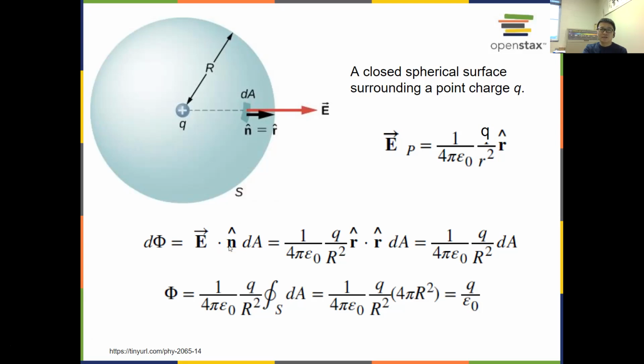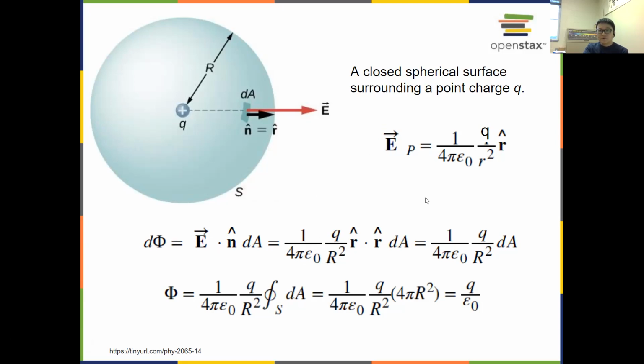These two together form the area vector dA with the arrow: its magnitude is dA, and its direction is the normal direction of that particular surface.